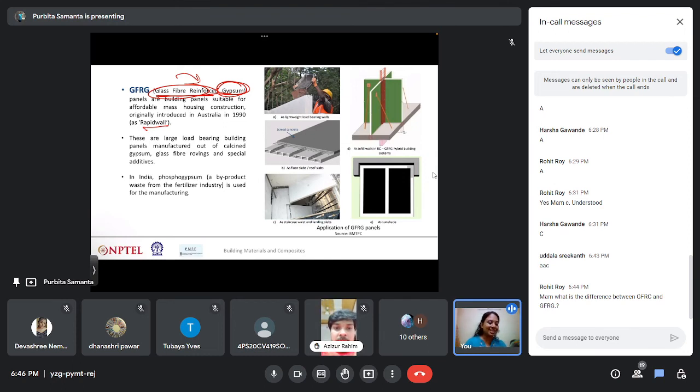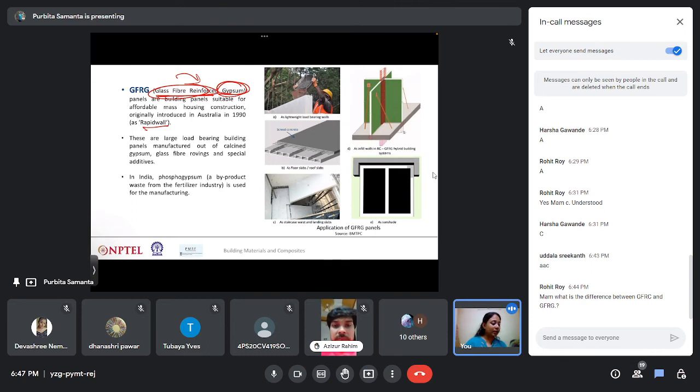So, keeping all these things in mind, GFRG or GFRC are basically used for building exterior building facade panels, and they are used as precast concrete. You can say they are casted previously, and then put in place. That is what these GFRG panels do.